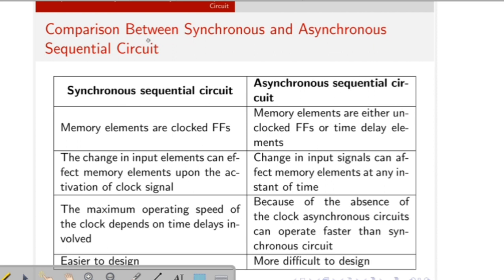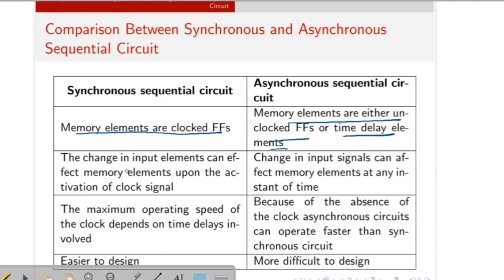Next is the comparison between the synchronous and asynchronous sequential circuit. The first difference is, in a synchronous sequential circuit, the memory elements are clocked flip-flops. But in an asynchronous sequential circuit, the memory elements are unclocked flip-flops or time delay elements. Then the second difference.